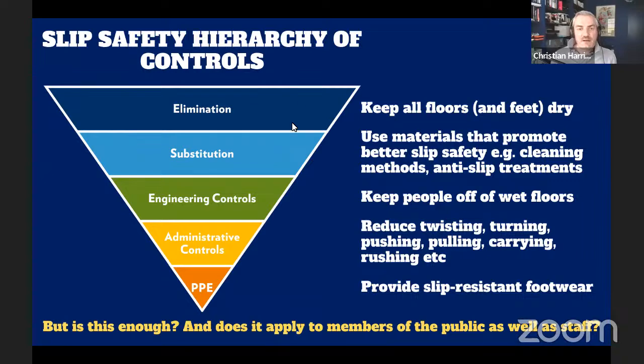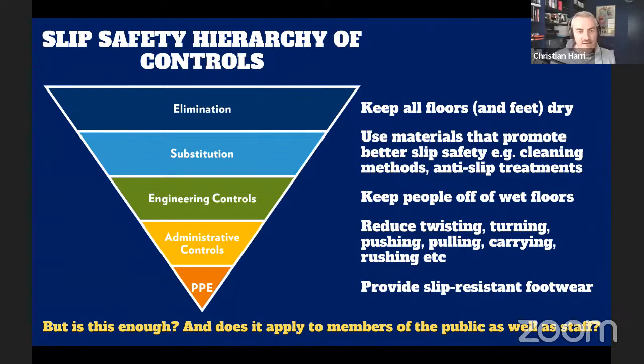I thought I'd just give you an example of this from my world of slip safety. If we think about trying to prevent slipping accidents in the workplace, what can we do on elimination? Well, the cause of a slip is that a floor is both slippery, but also that it's contaminated with water or other types of contamination. A floor can be slippery, but if it's not contaminated, then obviously it's not slippery, because clean and dry floors are not slippery.